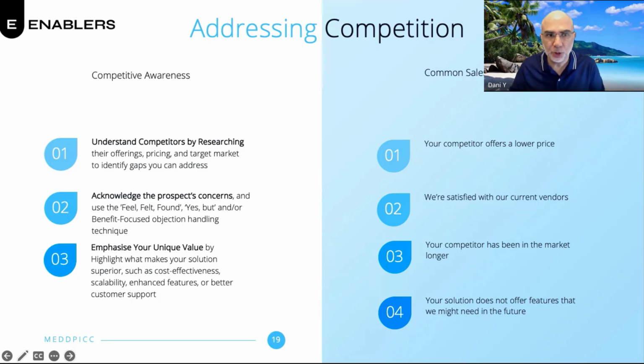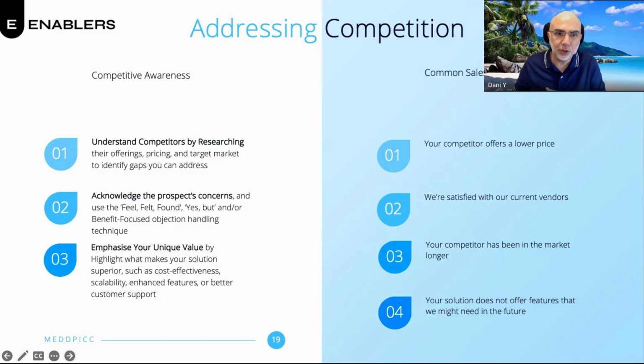Now, some common objections that you can expect to encounter in a tech sale are around price. So your prospect may say, your competitor offers a lower price. Or perhaps that they say, we're satisfied with our current vendors, thank you very much. Or that your competitor has been in the market longer than you, and so they have a greater trust factor, a lower perceived risk.